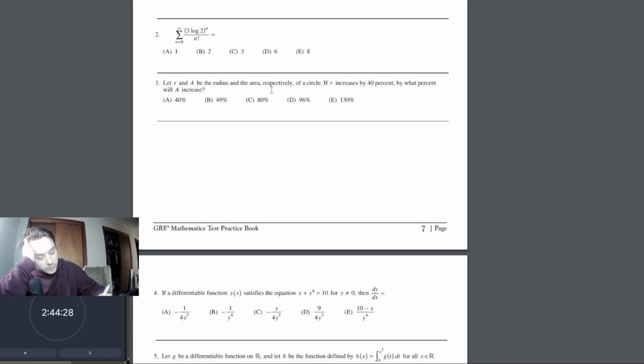Circle was 1. Radius becomes 1.4, increases by 40%. Just 140. Radius becomes 140. Radius was originally 100. So now pi 40 squared, or just 14, just do 10.